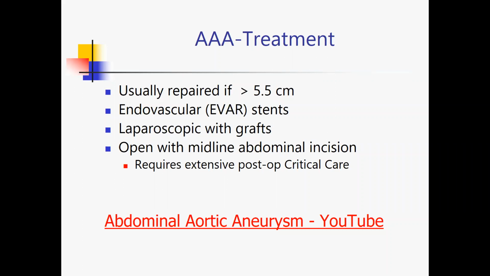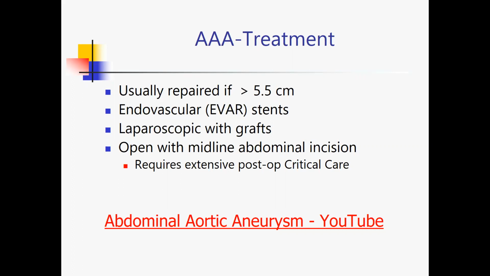Lots of pre-work for these folks, because sometimes they have a lot more comorbidities than the other folks that we were just talking about. So in the old way, I'd say, of an open procedure, you get an abdominal incision that goes from your xiphoid process to the top of your pubic bone.